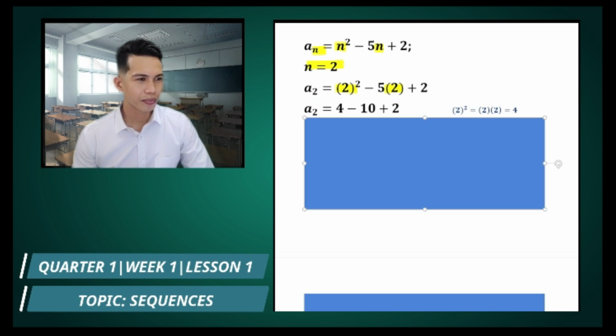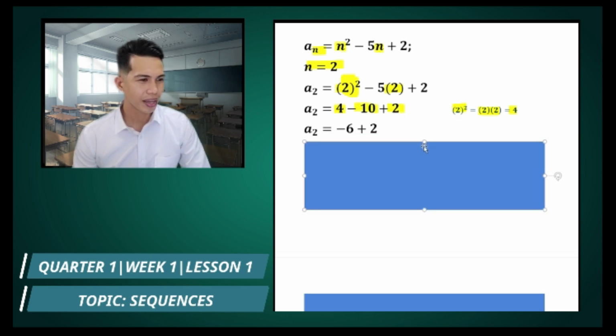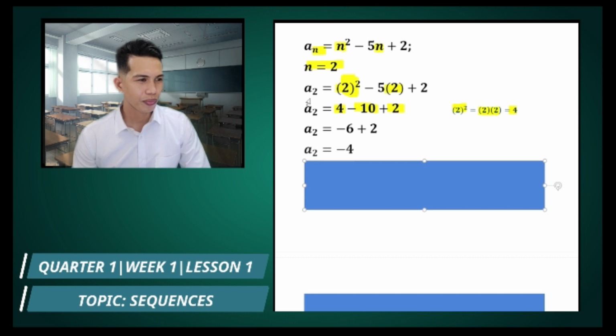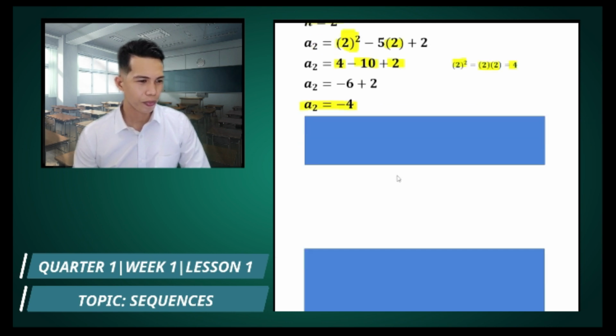Simplify further, we have 2 squared is equal to 4 because 2 squared is 2 times 2 and that is 4. Minus 5 times 2, 10, plus 2. Then simplify. 4 minus 10 is negative 6 plus 2. Negative 6 plus 2, that is negative 4. Our second term, a sub 2, is equal to negative 4.